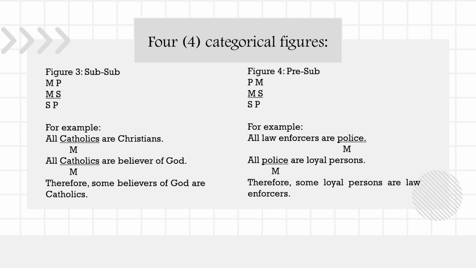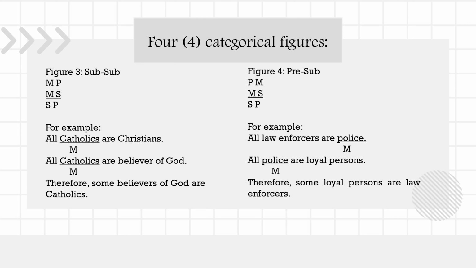It demonstrates a valid logical relationship, emphasizing that if all Catholics share the attributes of being Christians and believers in God, then there must be a subset of believers in God who are Catholics. This logical structure helps clarify the relationship between these categories.